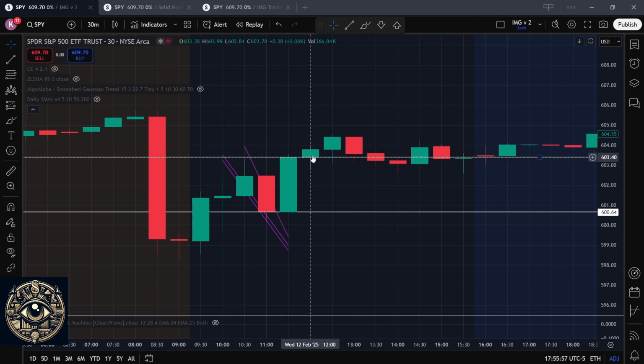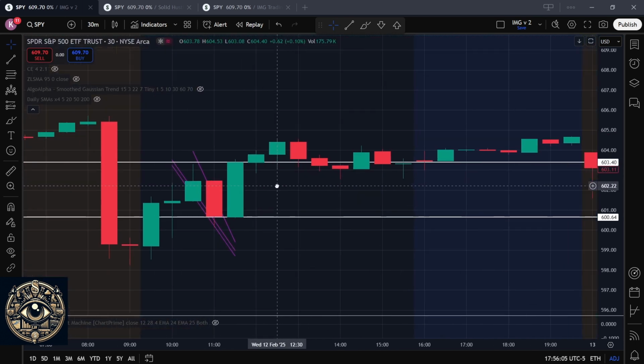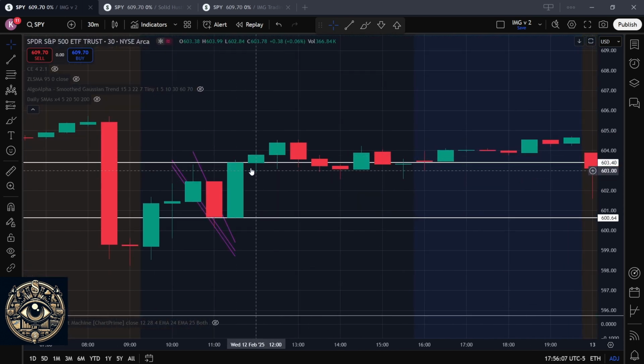Now there's going to be a little bit of retracement, but you can see how you can get something out of it, right? It went from 603 to 604. That's a really good move. If you can make that type of money in an hour, that's a good move.